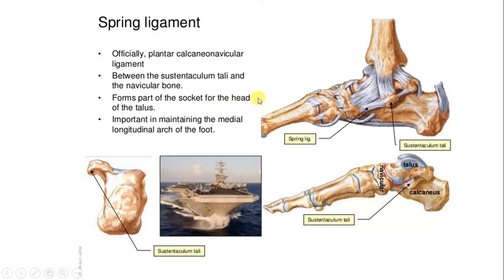It forms part of the socket for the head of the talus. Here is the head of the talus, and the ligament completes the socket for the joint.